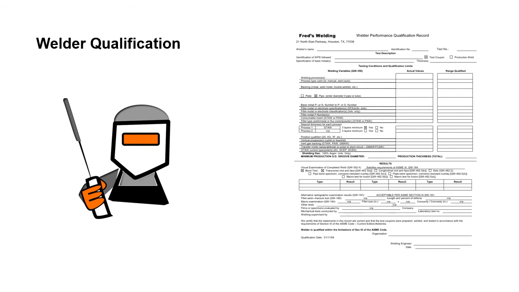So once you do this, you put it in the welder's file, maybe make a PDF file and put it on the internet within your company, so if other people need to access that information, they can access the PDF without rummaging through your file system. But this is one of the components that makes a good welding program work, is welder qualification and documentation of what the guy is qualified to do.